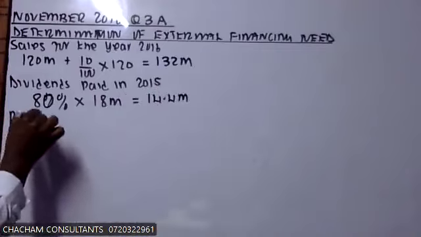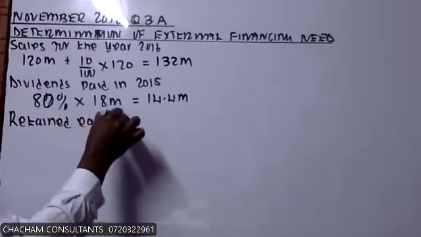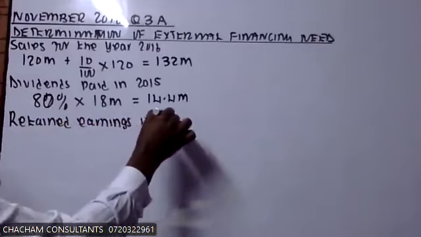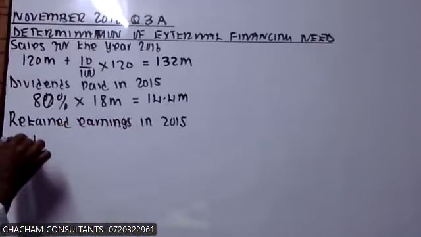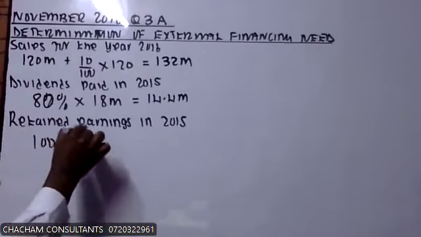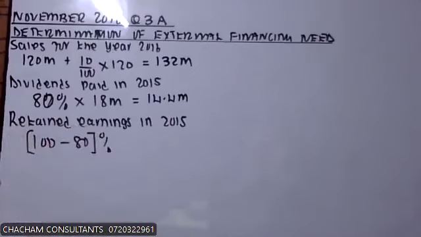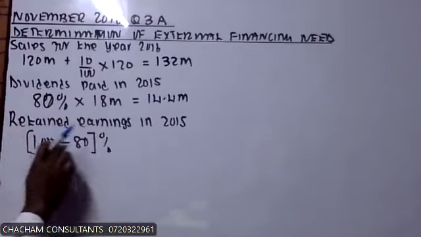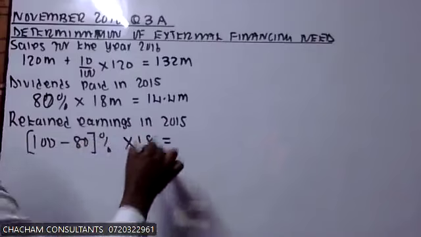So the retained earnings in 2015 should be 100 minus 80%, that is, 100 minus what was paid, times 18.